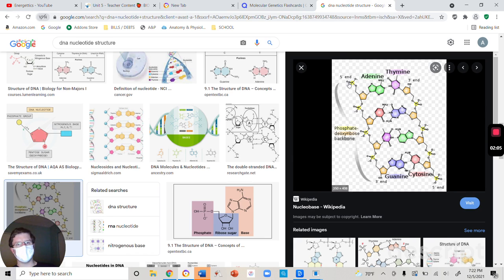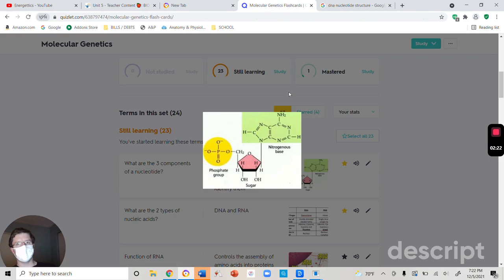Those are what are connecting those together, as well as the nitrogenous bases, very weakly being held together from opposite ends. So here we've got our phosphate, we've got our sugar, and we have our nitrogenous base, okay? Just like we have in here, we've got our phosphate, our sugar, and our nitrogenous base.